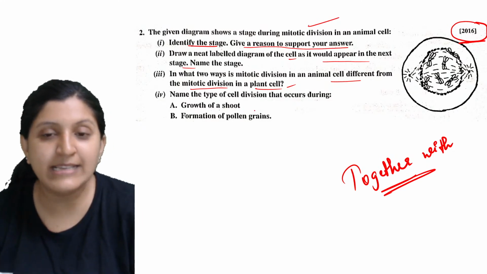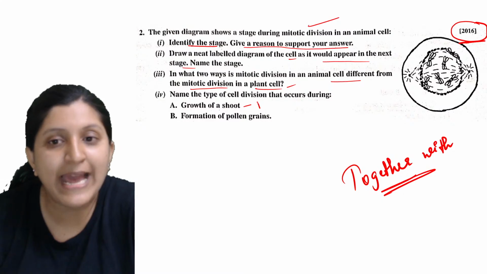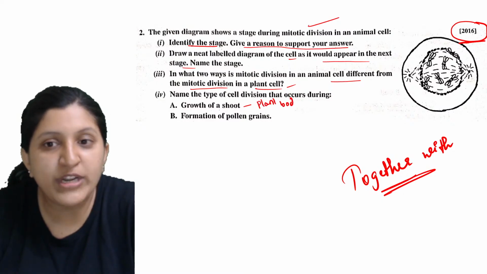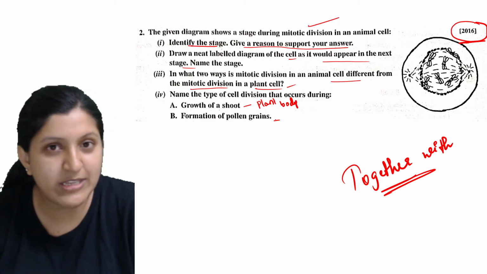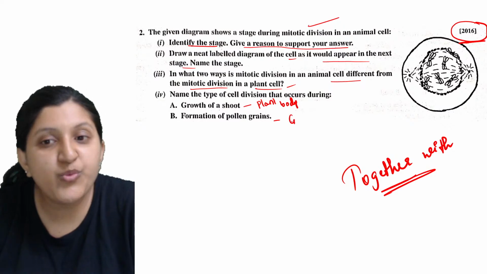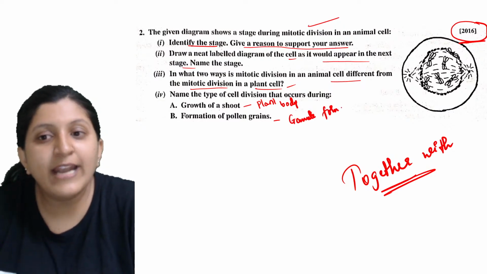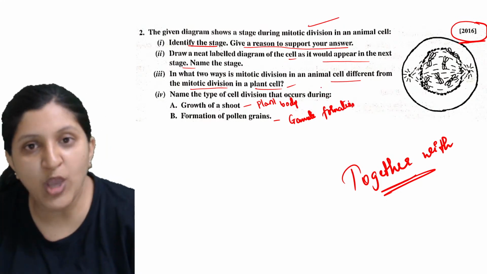You need to analyze here, because the shoot is with respect to the plant body, and formation of pollen grain is with respect to gamete formation. Based on that you can mention whether this is a mitotic or a meiotic division.